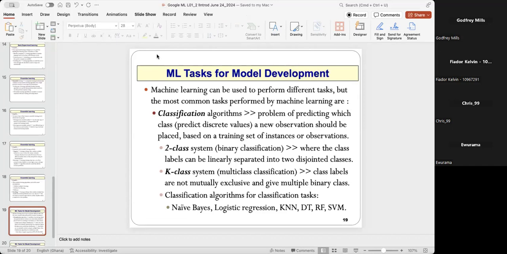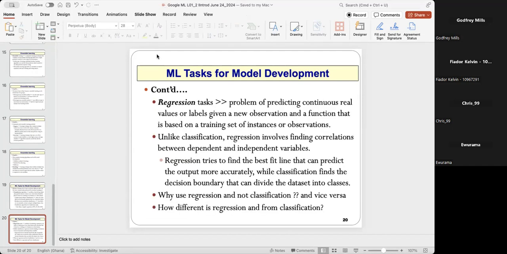So the summary for now: the tasks can be divided into main types, either classification, regression, or clustering.